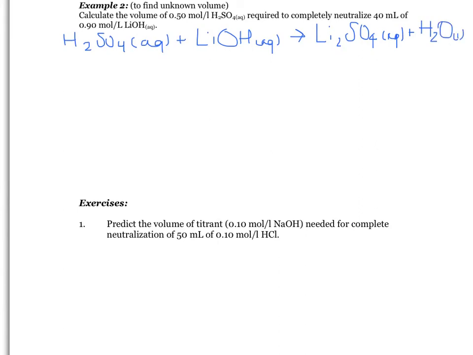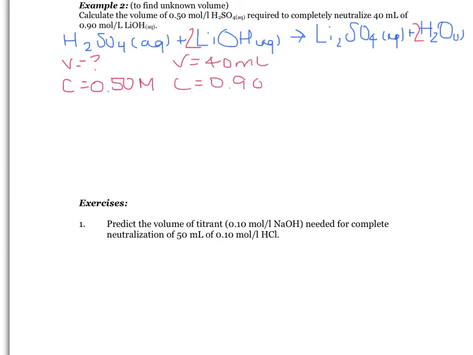Unlike the last example, when you write this out, it is not yet balanced. Once it is balanced, write down what you need and what you have. It says calculate the volume of 0.5 molar sulfuric acid required to completely neutralize 40 milliliters of 0.90 molar lithium hydroxide.